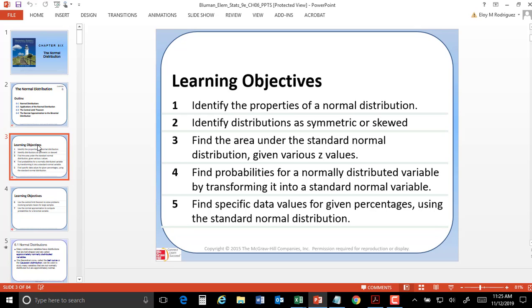Right, we use a table. Unfortunately, the table that we have here is like this. Let's take a look at it. We only have one table for the bell curve.